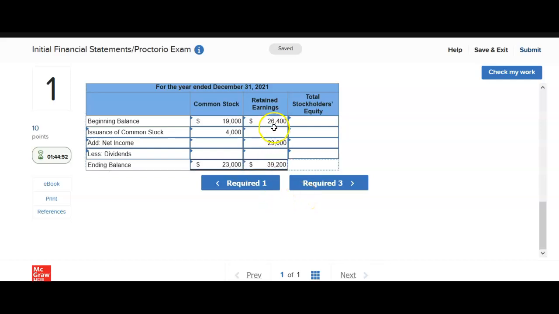Now if you take the $26,400 and add the $23,000, you can see that that equals $49,400. Well, those don't add up to 39. So that means something reduced retained earnings a little bit more, and that was the dividends.